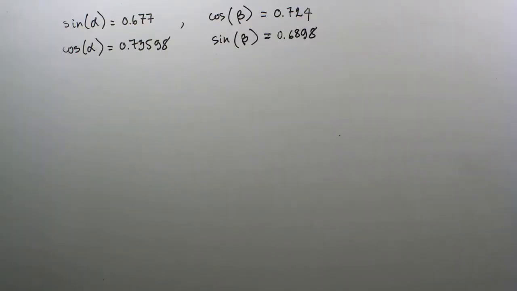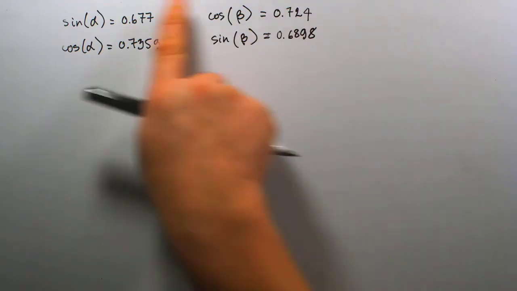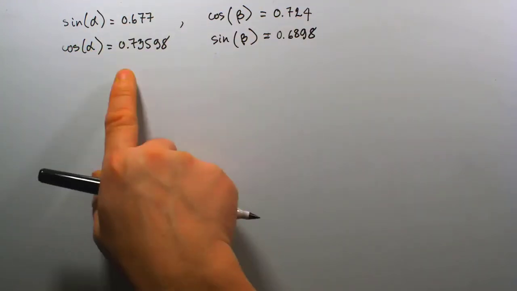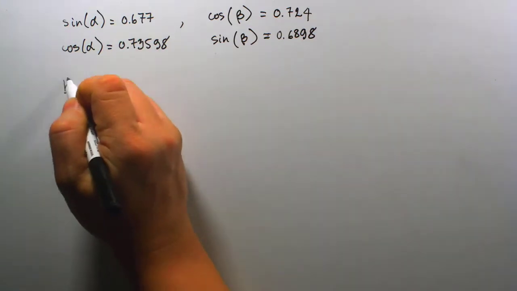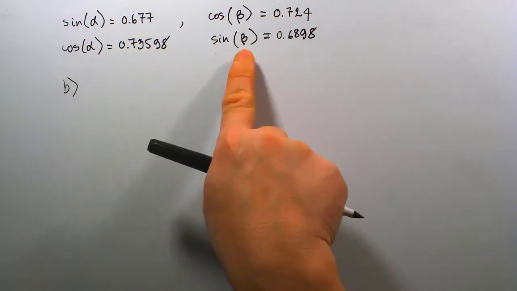So back on my writing board, I already erased and made space for part B to be ready, but I never erased this valuable information that we have found here, because now in part B we have found all the missing partners of alpha and beta over here.